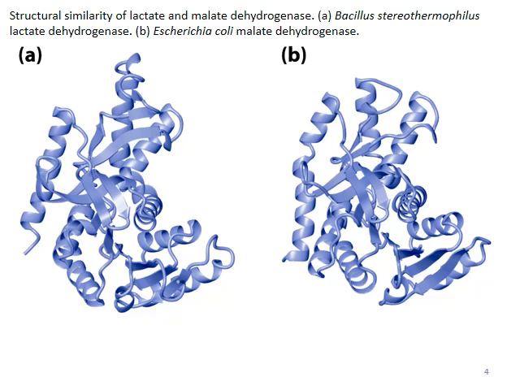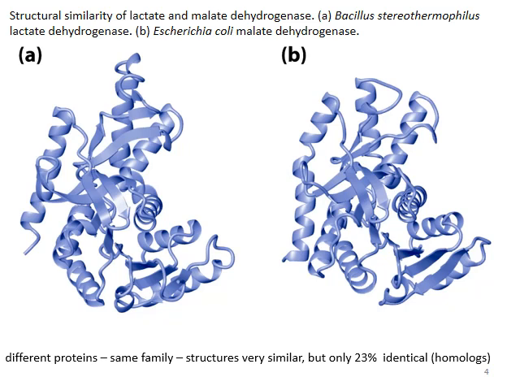And as you can see, they look very similar in terms of their structure. But indeed, they're different proteins. They're in the same family. Their structures are very similar, but they're only 23% identical. So these are called homologs. Different proteins from the same family but only 23% identical.